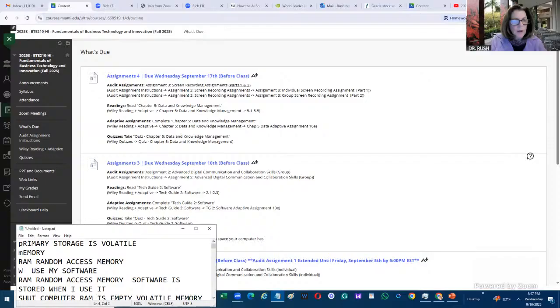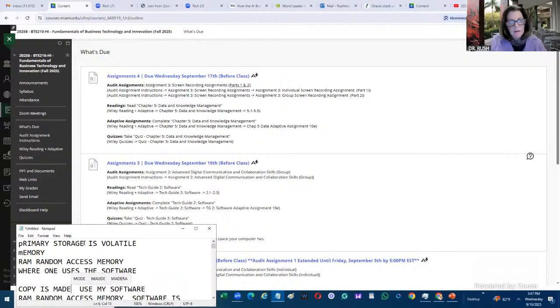And this is where one uses the software. A copy is made from what? Secondary storage.